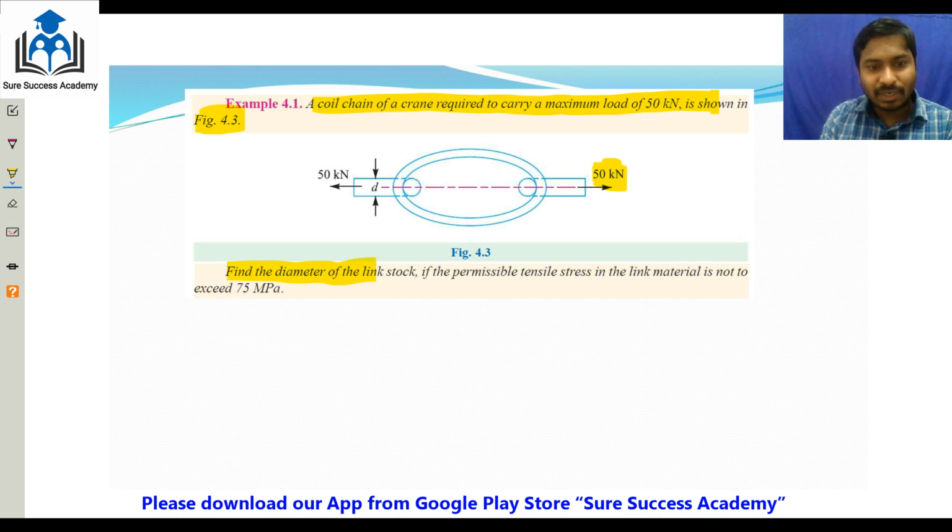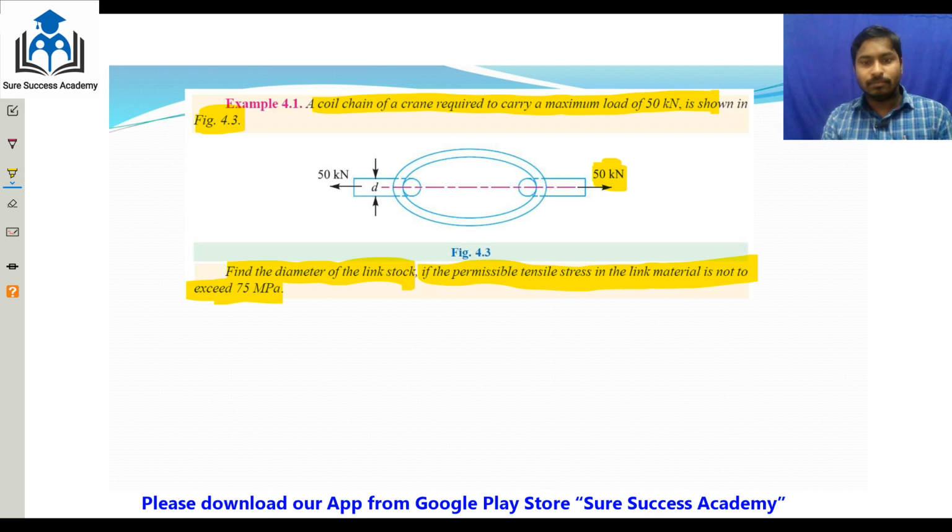Find the diameter of the link stock if the permissible tensile stress of the link material should not exceed 70 MPa. You have to calculate the diameter of the link so that it should not fail.